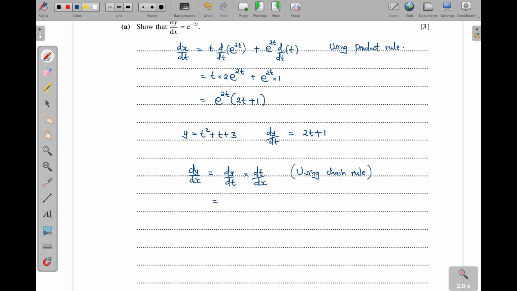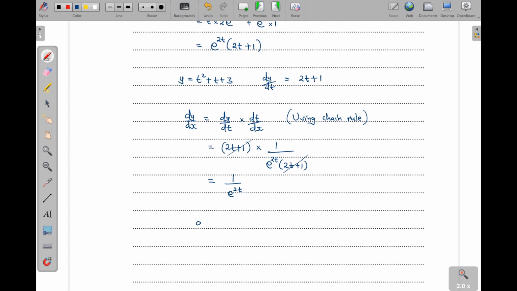Now, dy/dt is 2t plus 1, times dt/dx. dt/dx is 1 over dx/dt. So we shall have 1 over e to the power of 2t into 2t plus 1. You can see that this can easily cancel with that. Then we remain with 1 over e to the power of 2t.